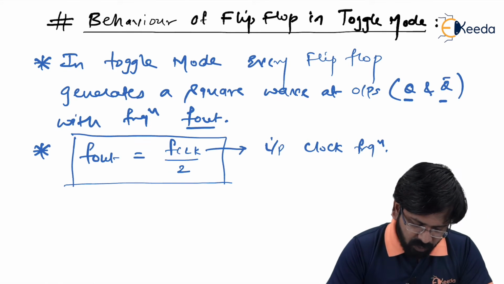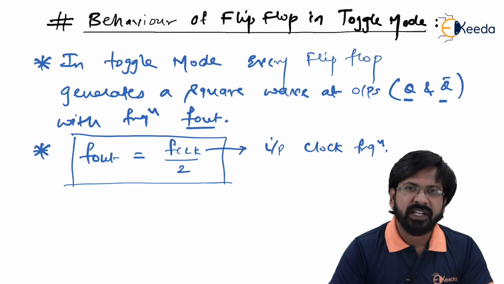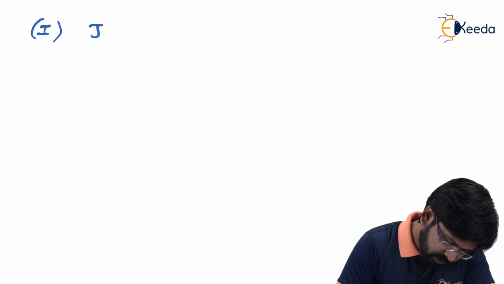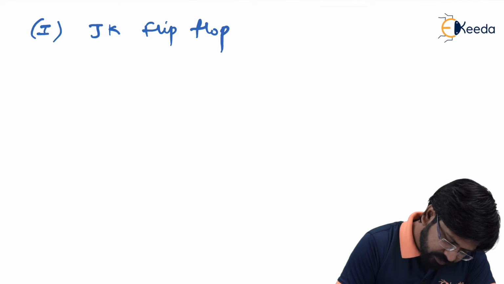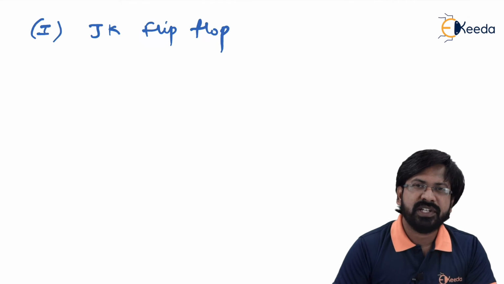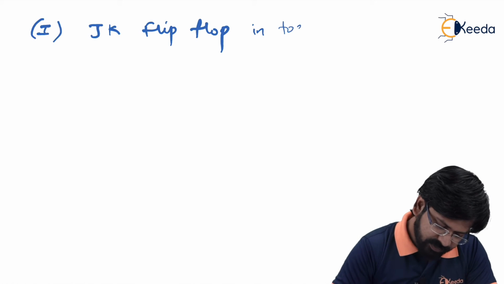Now let us justify what we have said by taking an example. We take the example of a JK flip-flop. And I'm sure when a JK flip-flop is in toggle mode, you know that J as well as K should be equal to 1.